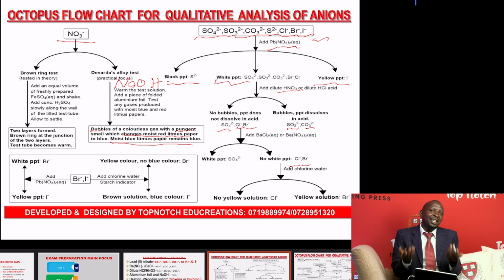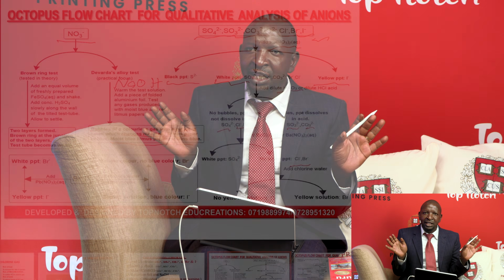And it's very easy. You don't even need to know the name of this test, which is called Devarda's alloy. What you really need to understand is just one thing: wherever you see sodium hydroxide followed by aluminum foil, you know that is Devarda's alloy.